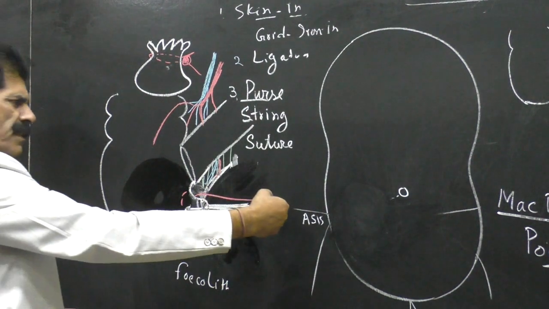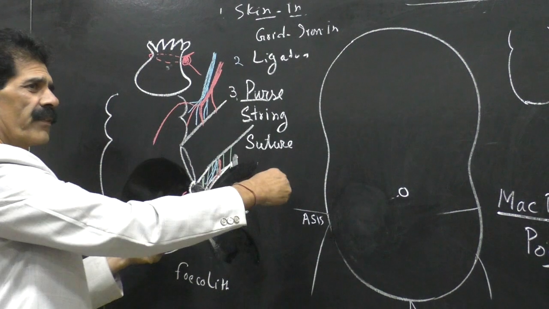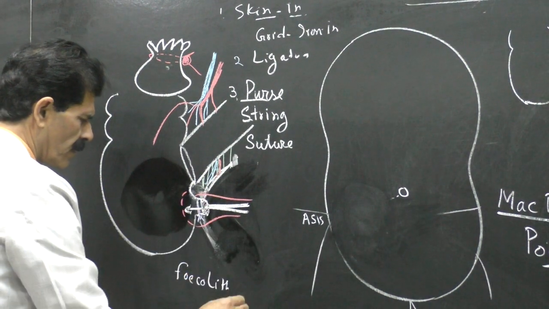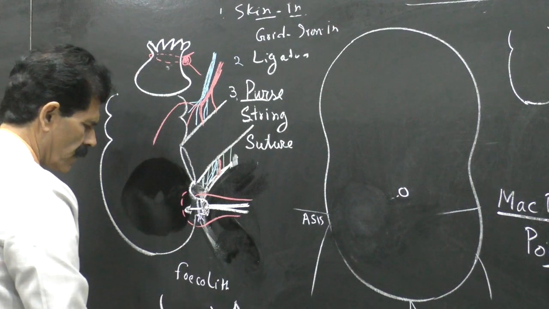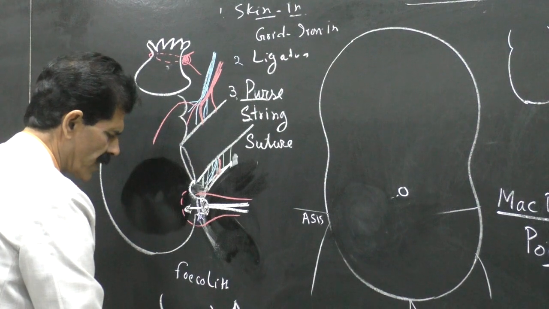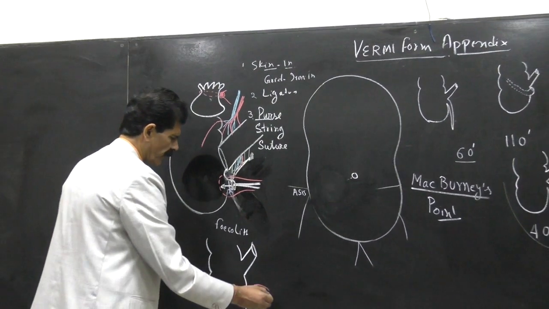While one assistant is pushing the stump inside the cecum, the other is tying these two threads. After this, the stump is buried inside and only two threads are visible on the surface.